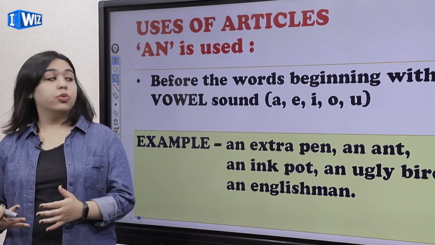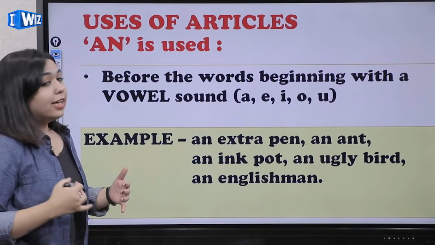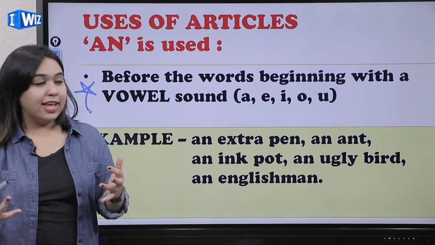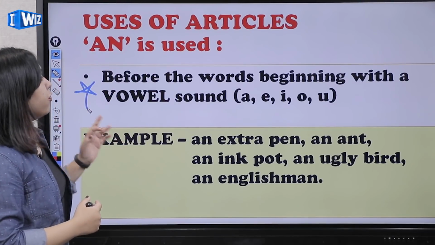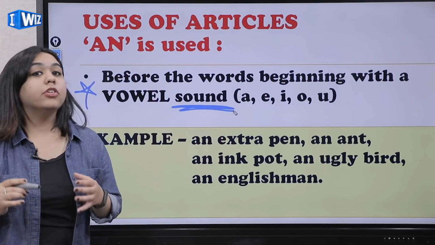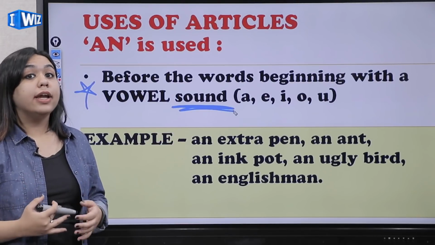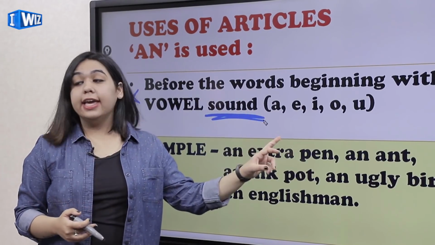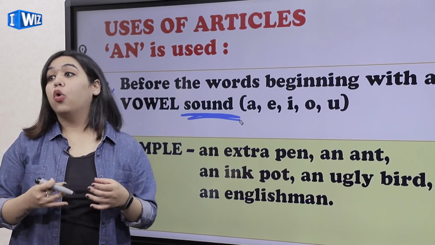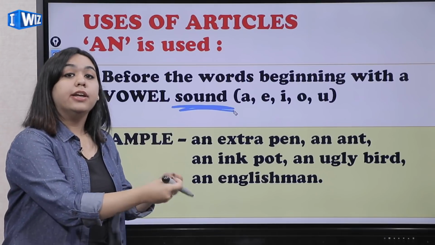Now, an is used before words beginning with a vowel sound. It's very important to understand this point. The essence of this point is, before words beginning with a vowel sound, you have to keep in mind that you use the article an wherever you find the sound of A, E, I, O, U. The sounds could be in this way if we go into phonetics.